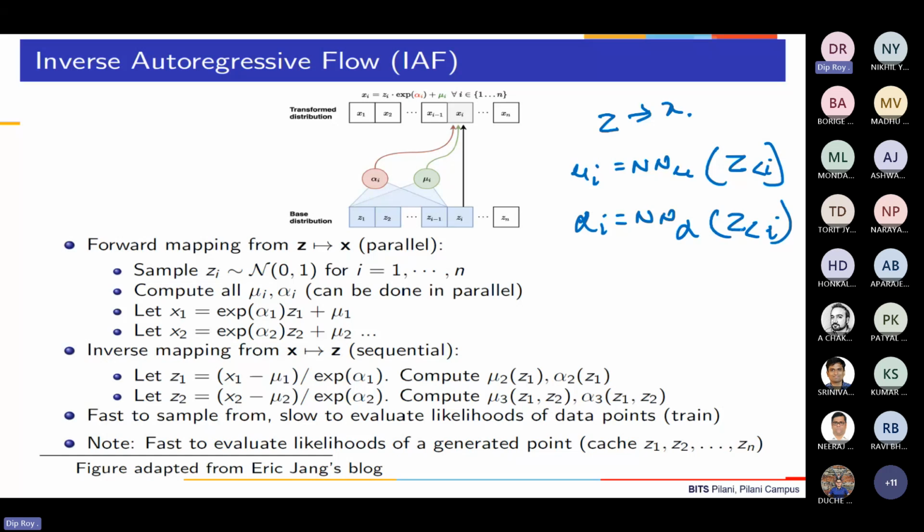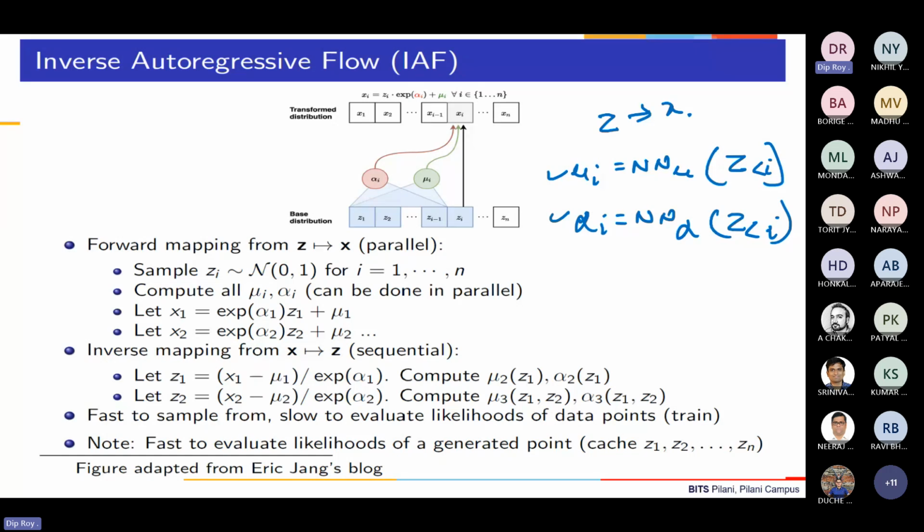Now here, what is going to happen? During sampling, we can sample all the Z's together in advance and compute the output of the neural network, right? Because we have access to all the Z's, we can sample together and compute this.